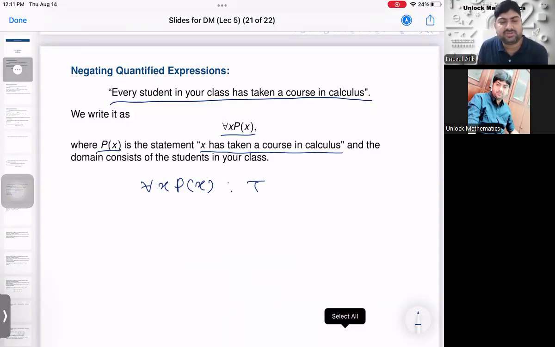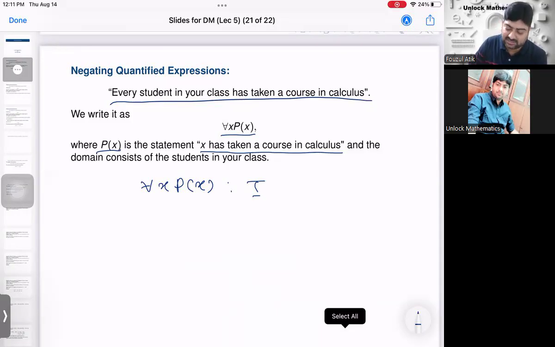Now suppose this case is not true. That means you must have a counterexample, right? So that means this true will become false if you have a counterexample. Now counterexample means what? There must exist one x for which it is not true, correct?